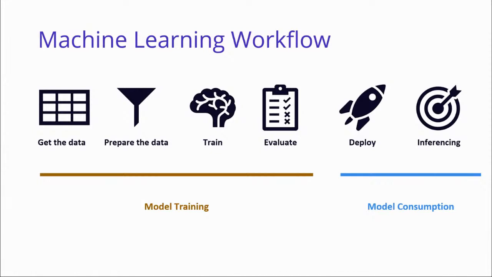So these steps are typically split into the model training aspect of it, which we're going to see a little bit of, and the model consumption aspect of it, which is when you deploy it and actually use the model to make predictions. So that's in general what the machine learning workflow looks like.